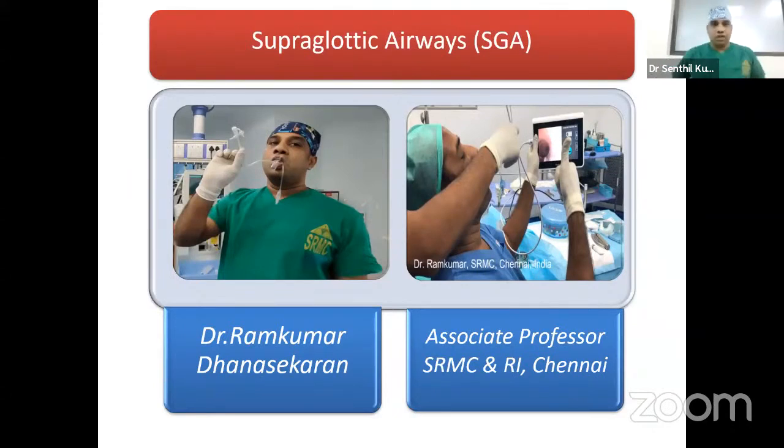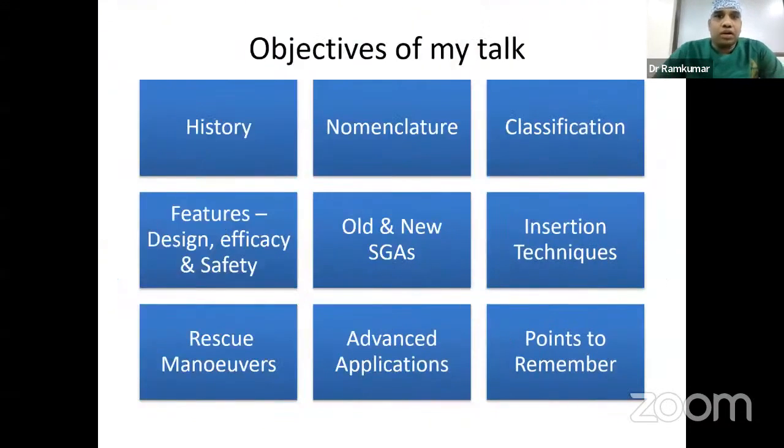Good morning, everyone. The topic given to me is Supraglottic Airway devices. I'm Dr. Ramkumar, associate professor in SRMC, Chennai. The objective of my talk is to cover the supraglottic devices under the following headings: the history, the classification, and the important features in the current second generation devices.